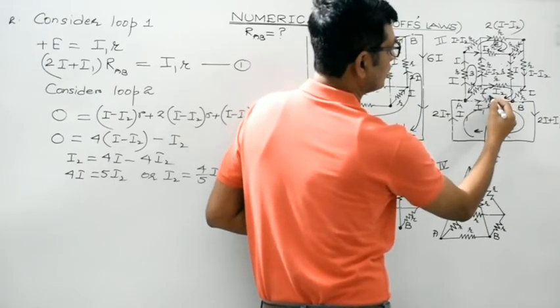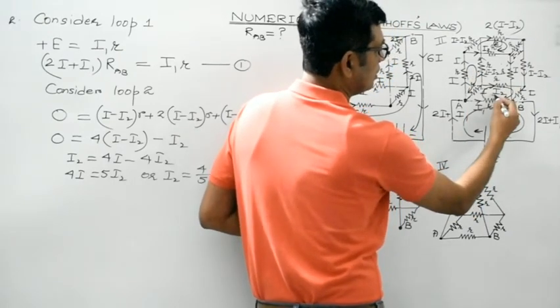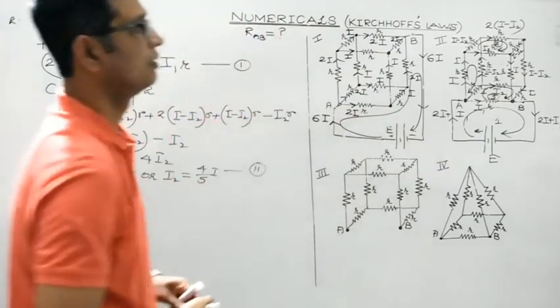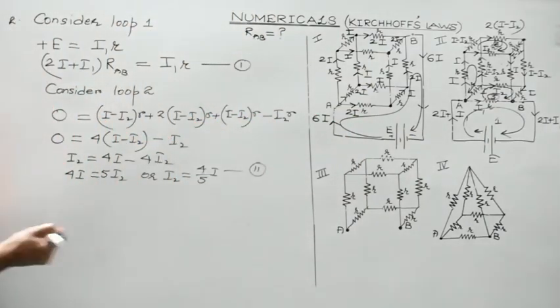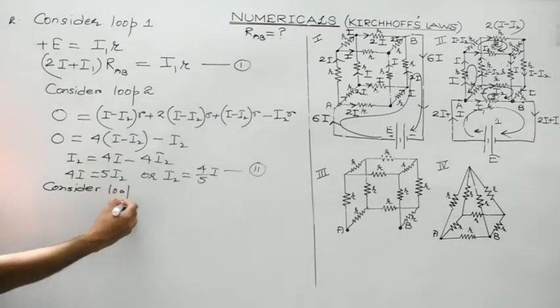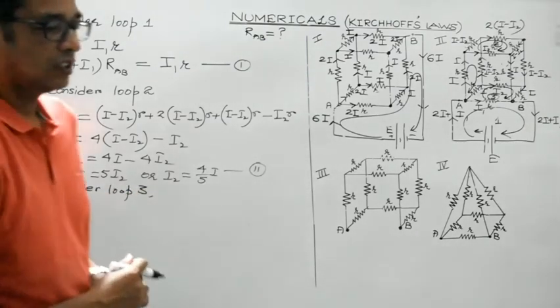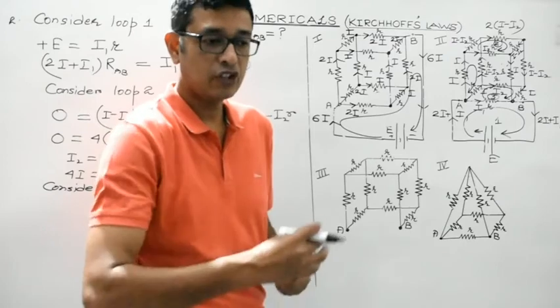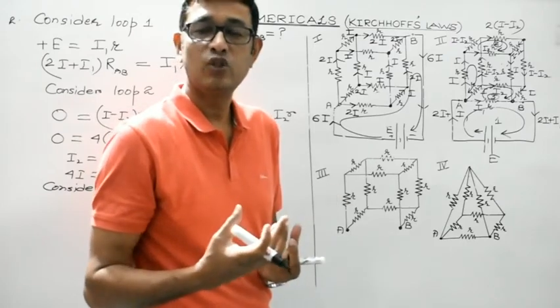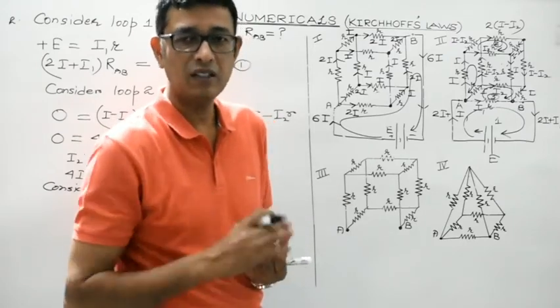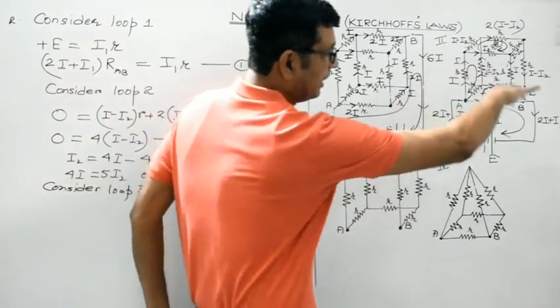Consider this to be the 3rd loop. So considering loop 3, you have to consider that loop, students, in which we intend to get some relationship between I1 and I2. So let's consider the base part.